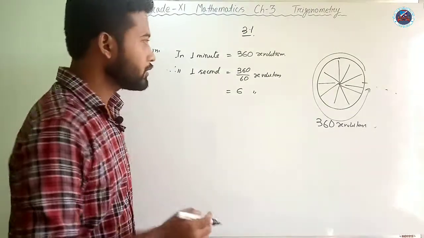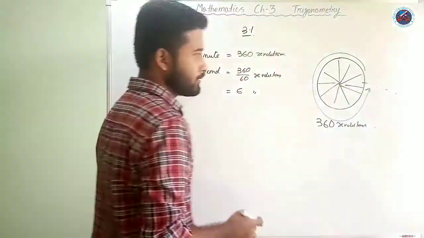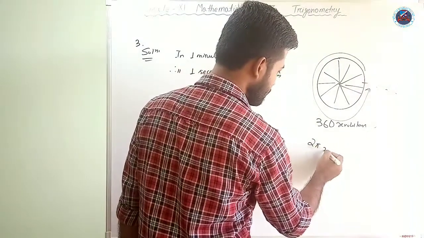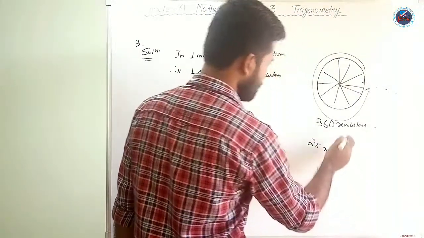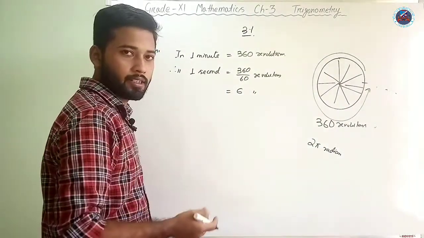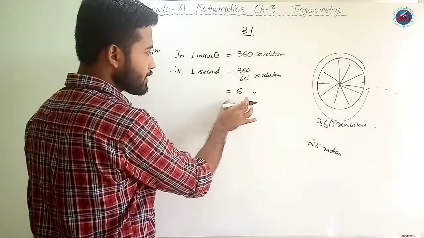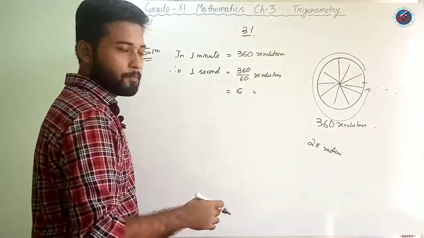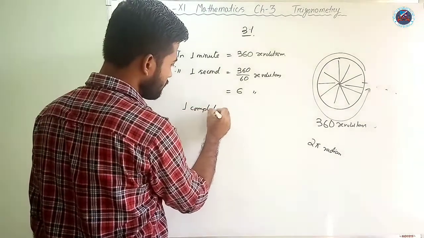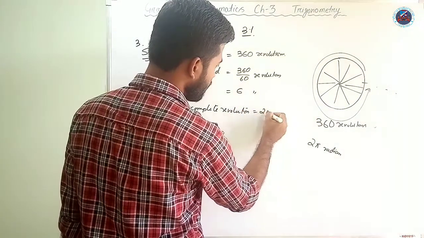Now we know that for a complete revolution the angle subtended by the arc is 2 pi radian. That is a complete angle. Now in terms of degree, it is what? 360 degree. So both are same. So if the wheel is turning 6 revolutions, that means for one complete revolution we have 2 pi radian.